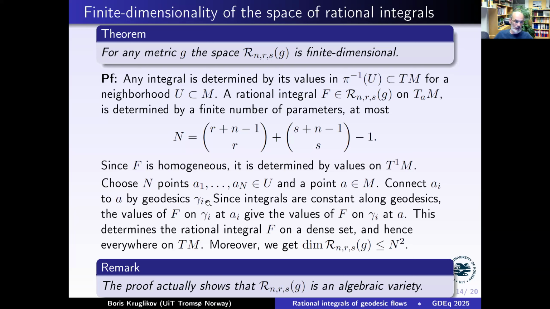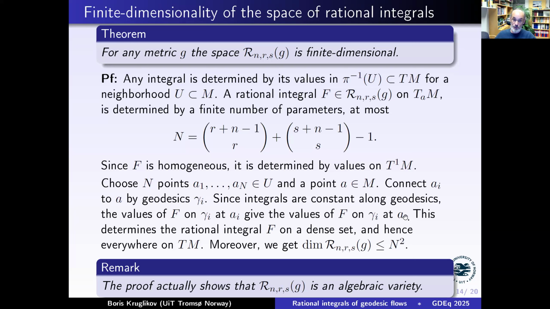Actually, I don't even need geodesic convexity, so I can take broken geodesics here. That's also fine. So integrals are constant along geodesics. Therefore, knowing the directions of this geodesic gamma at the point A gives the value of integral f in the direction gamma at the point A. So at the point A, I have n different directions, and I know the value of f.